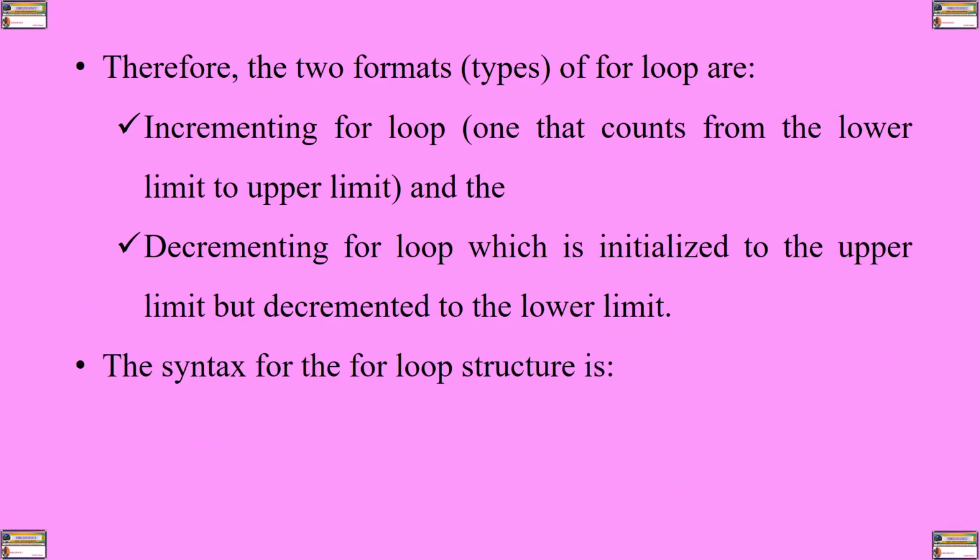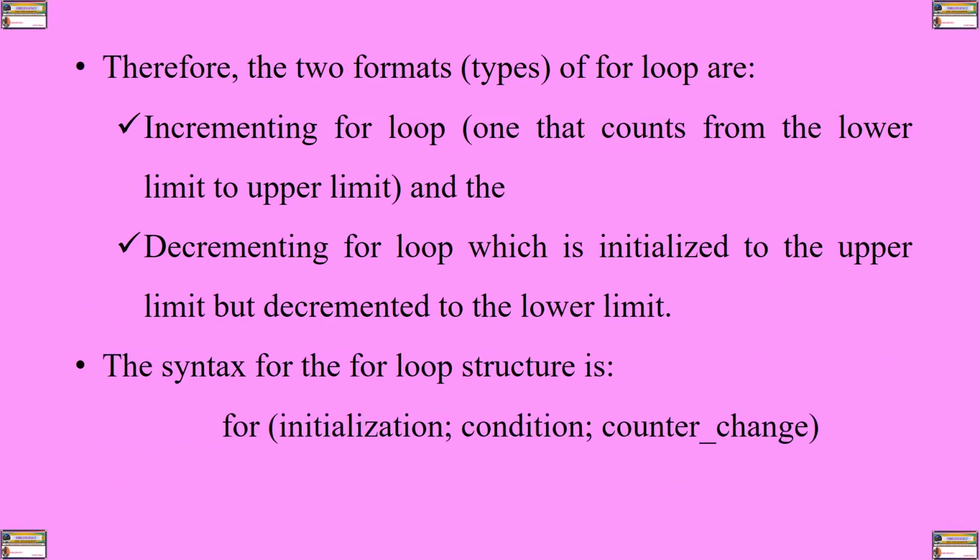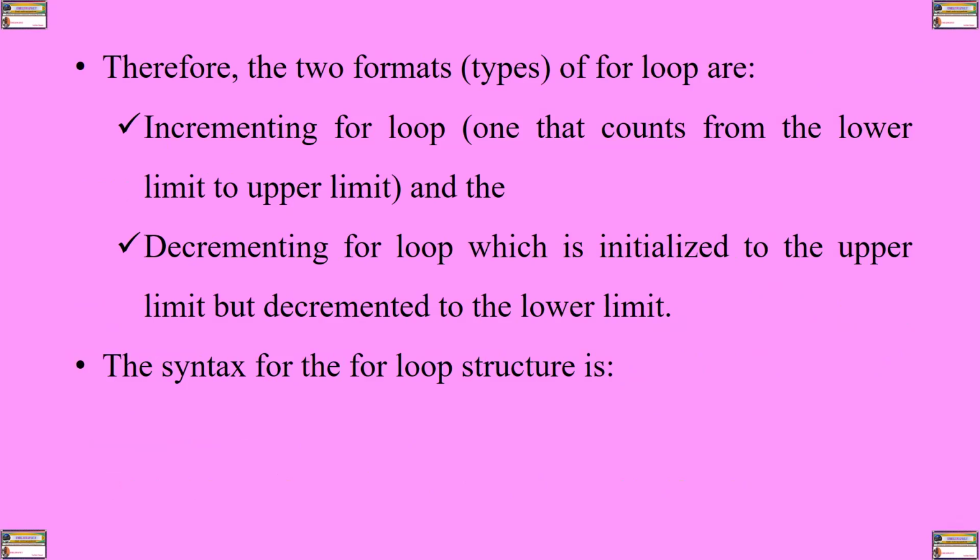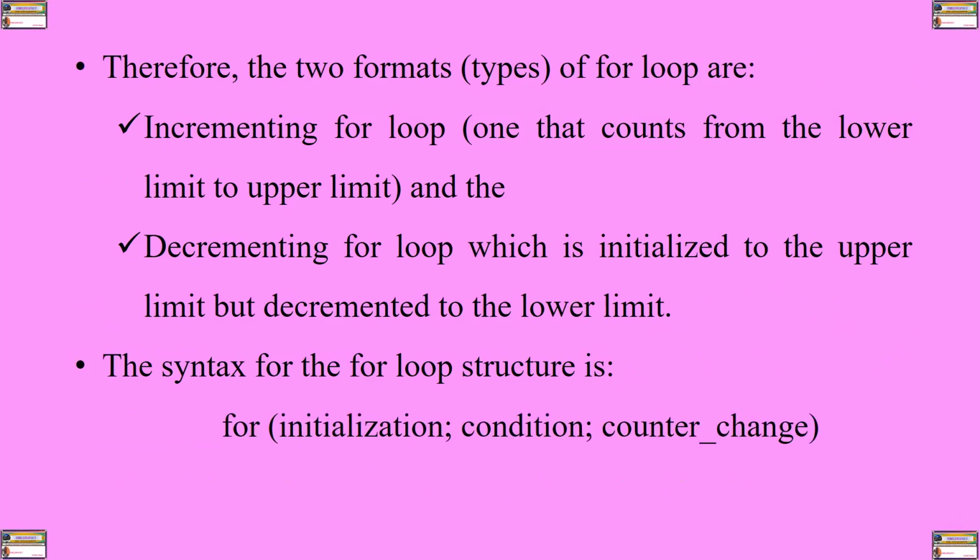The syntax for the for loop structure is as follows. We have for, and then the initialization statement, where we assign the first value to the counter. We initialize the counter, and then from there, we check the condition.